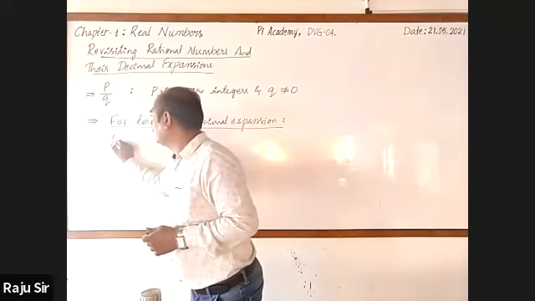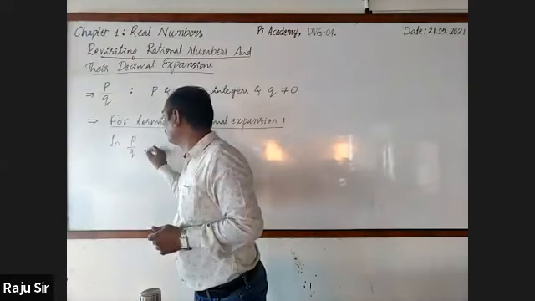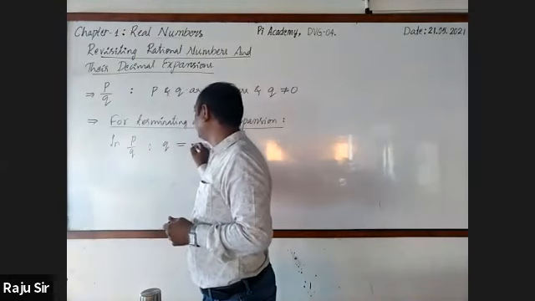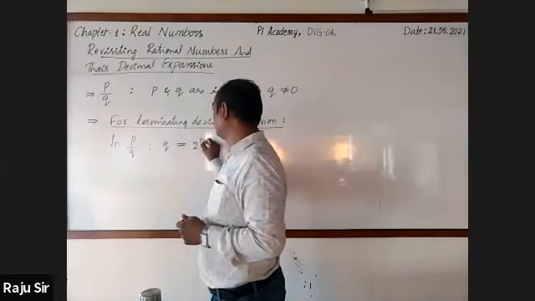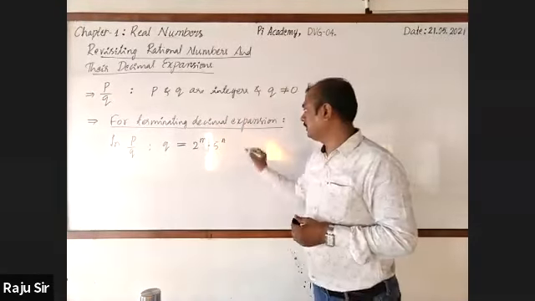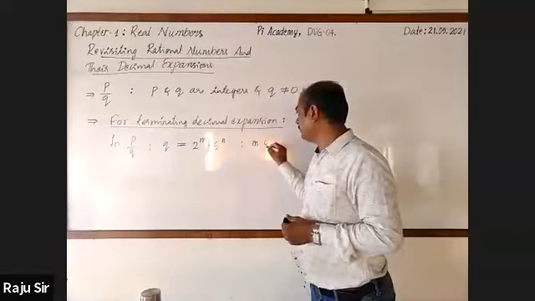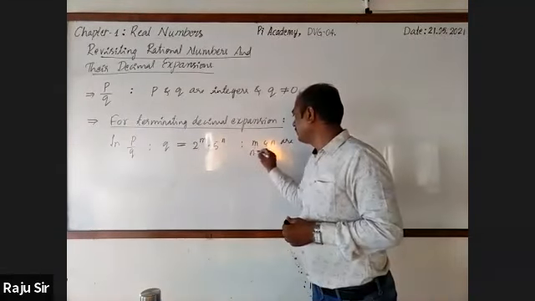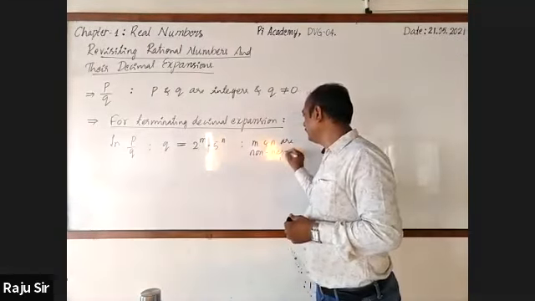In p by q, q will be in the form 2 raised to the power m into 5 raised to the power n, where m and n are non-negative integers.